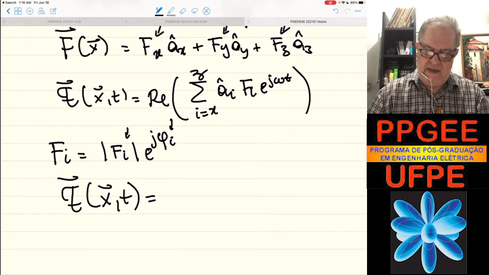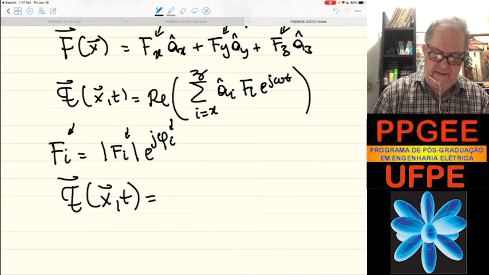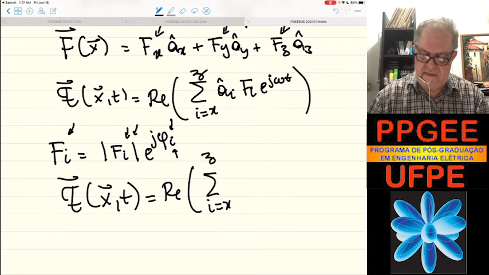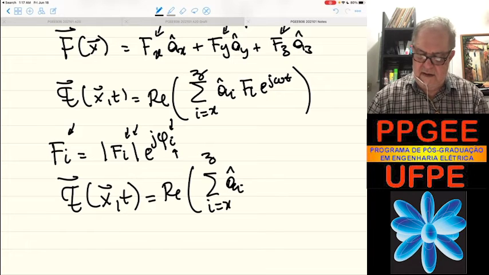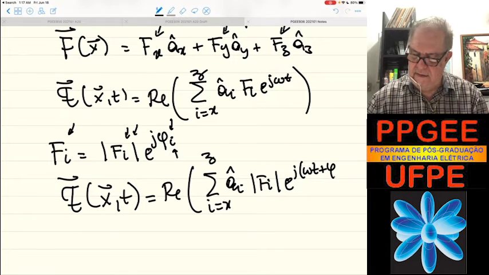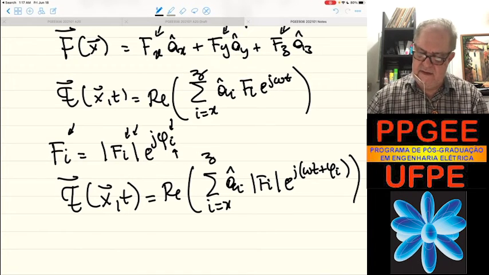So this is a complex number, magnitude and phase. So it's going to be the real part of the sum, plus phase.